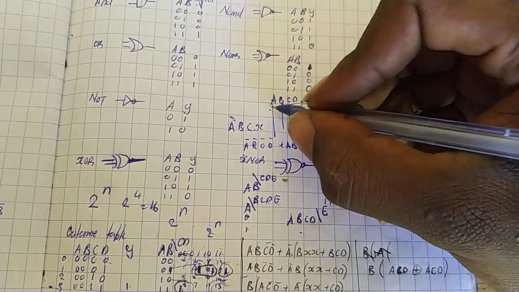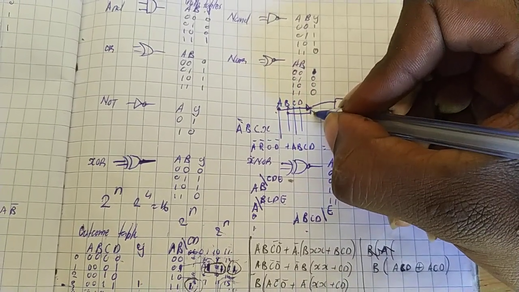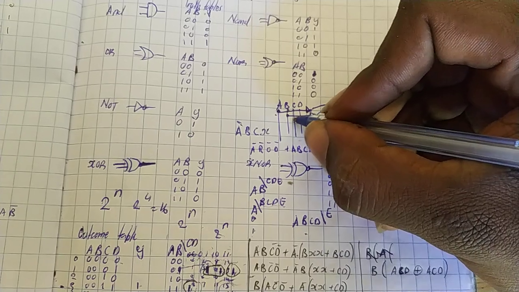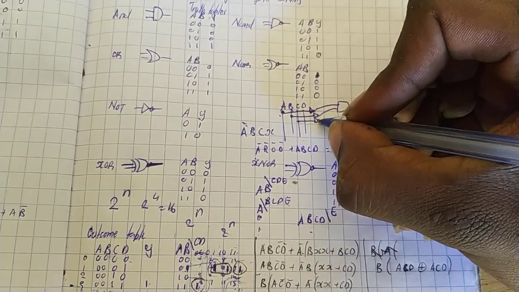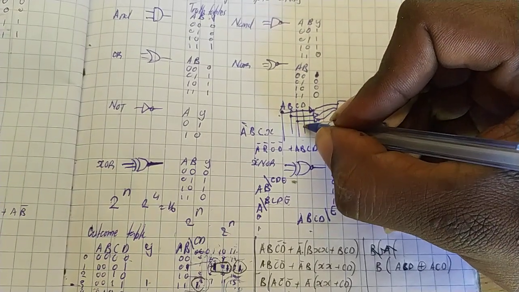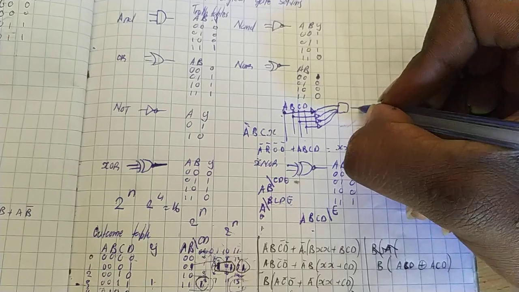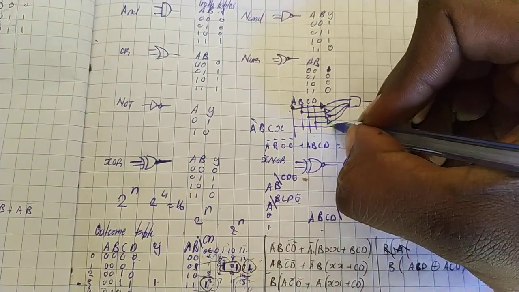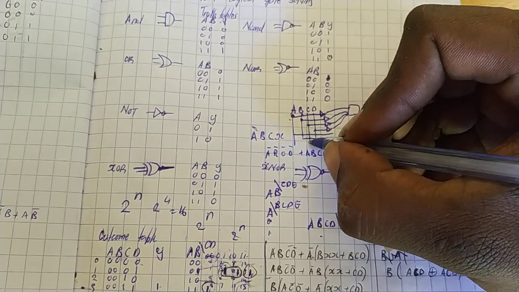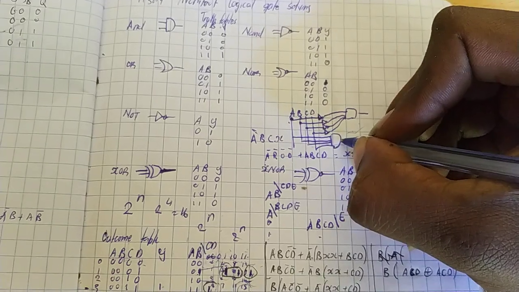Position B, and then let me put dots to show where they're starting. You note it here, so it's a B not, and then C not, and D not. And then for the other one is A, B, C, and D. You come and put it here.